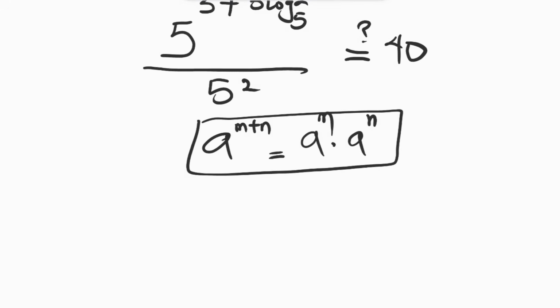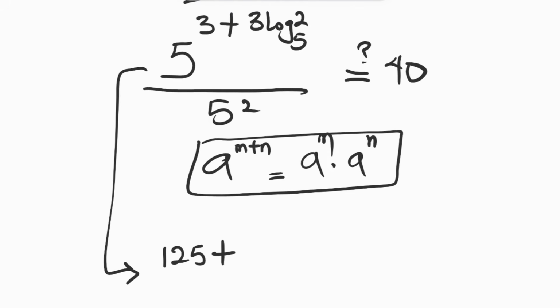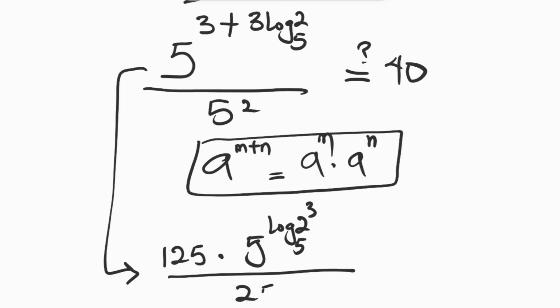So now this becomes 5 raised to the power 3, which is 125, multiplied by 5 raised to the power log of 2 raised to the power 3 base 5. 5 squared is 25.